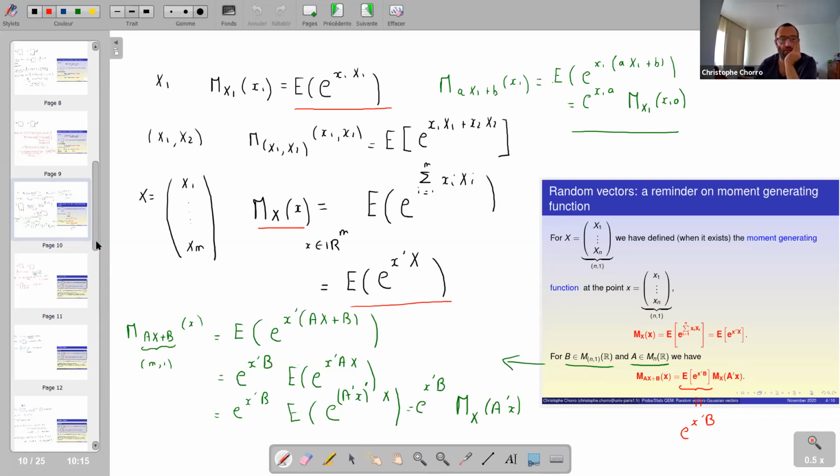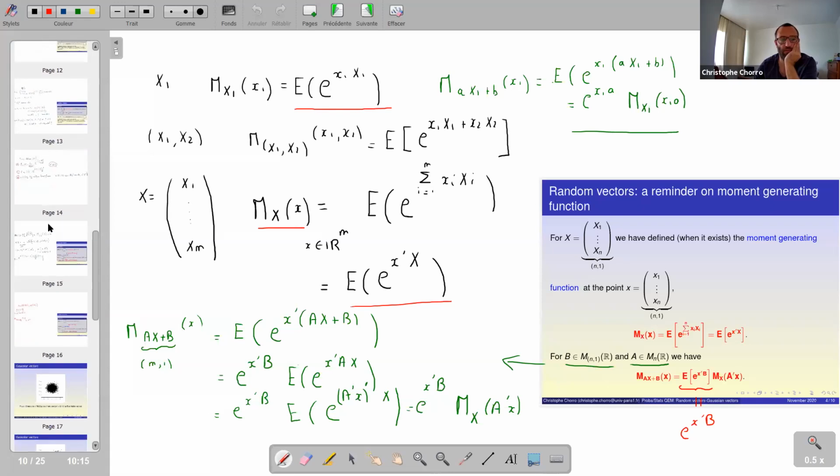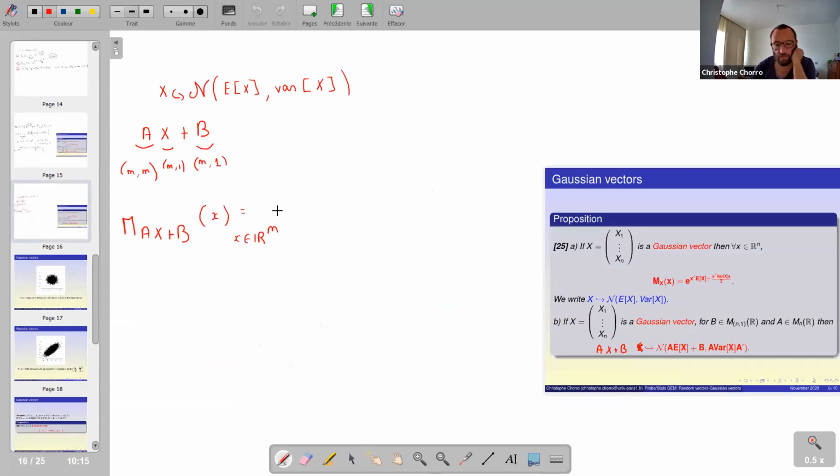So this is exponential of x prime b times the moment generating function of X at the point A prime x. This has nothing to do with the fact that I am Gaussian or not.